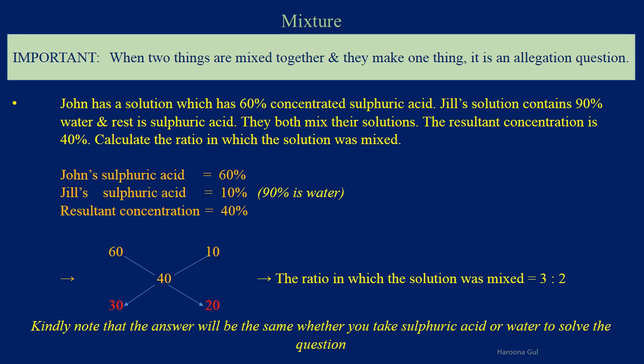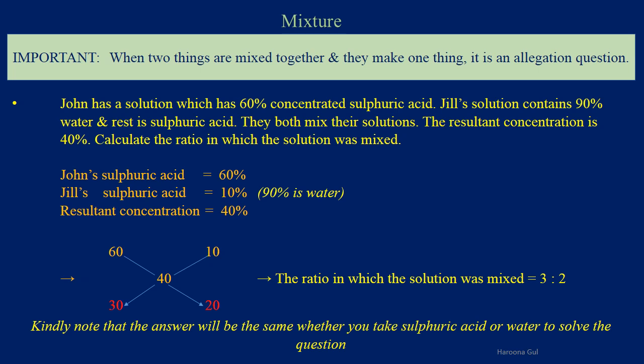So if we put the values in our chart, we're going to subtract 60, the concentration of sulfuric acid in John's solution, by 40, the resultant concentration, and 60 minus 40 is 20. We're going to do the same with Jill's concentration.